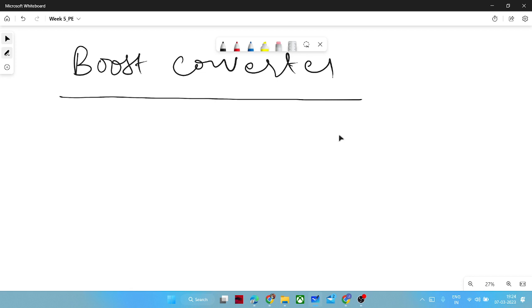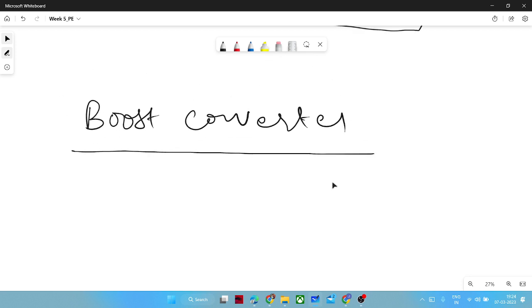That is also fine with me. I can start with DCM mode of buck converter as well. Okay, so we will discuss DCM mode of buck converter.